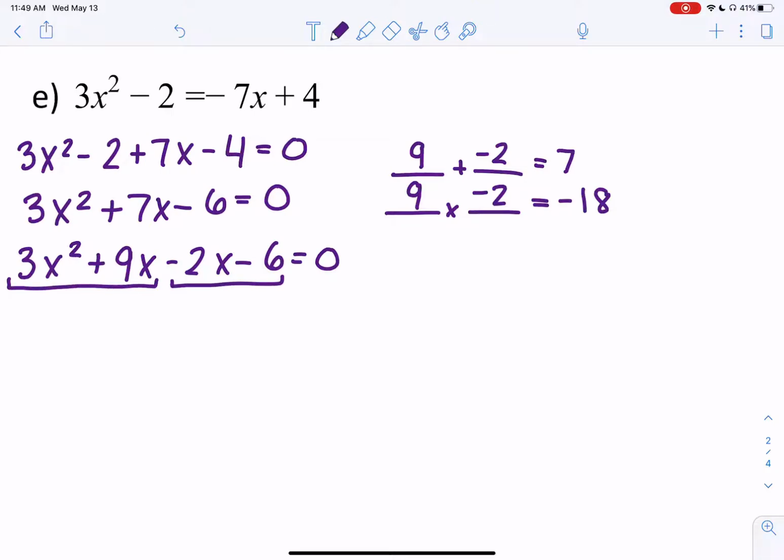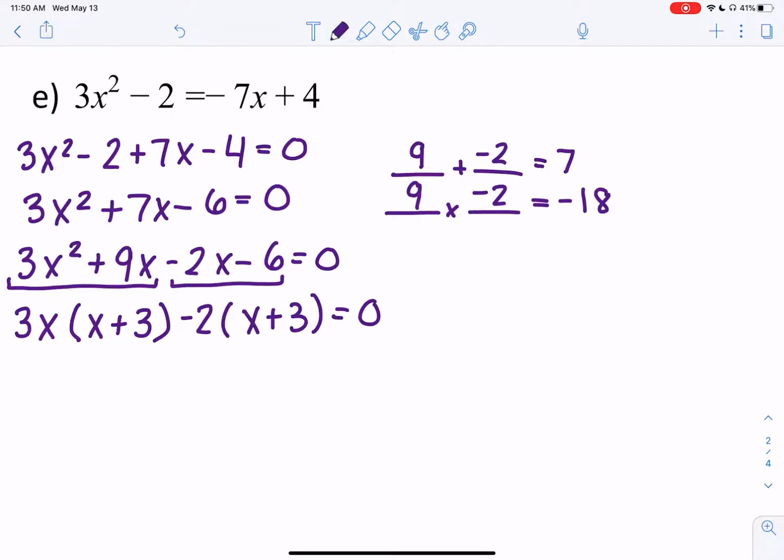I factor out as much as I can out of the first group, which will be 3x, and I'm left with x plus 3. Then I do the same with the next one. I can factor out negative 2, and I'm left with x plus 3. I get matching brackets, which is a really good sign, so I can take out those matching brackets. I'm left with 3x minus 2.